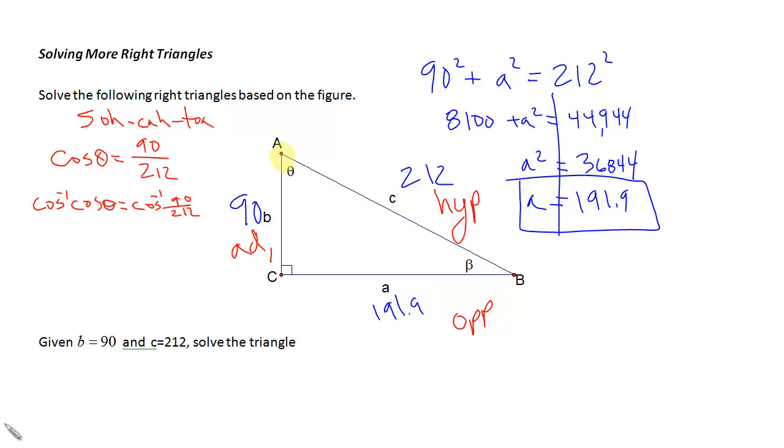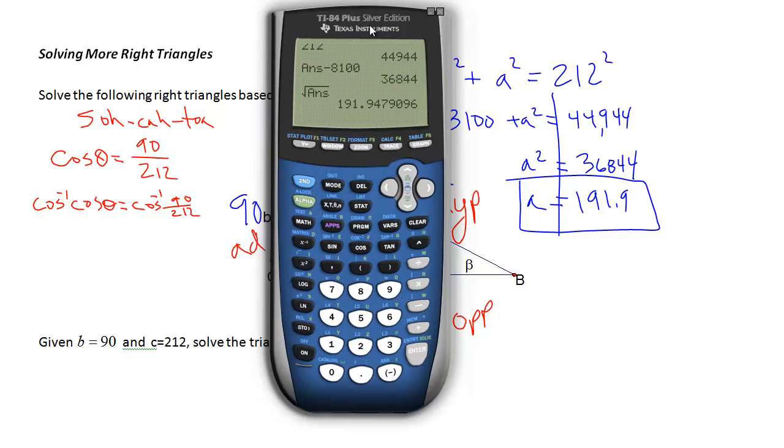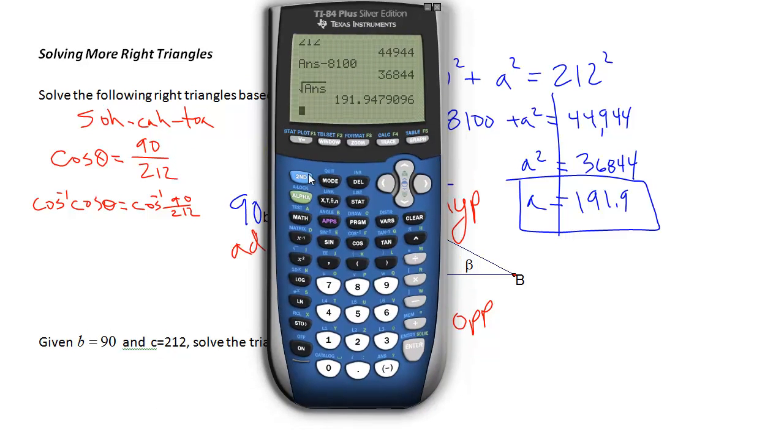And I'll do that on my calculator. So I have the inverse cosine of 90 divided by 212. That's approximately 64.9.